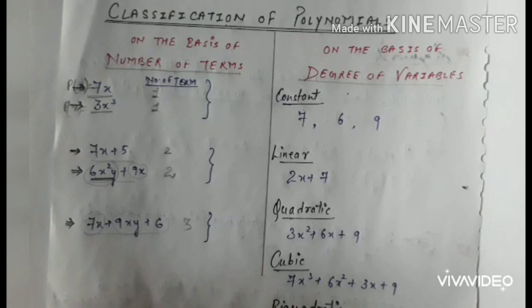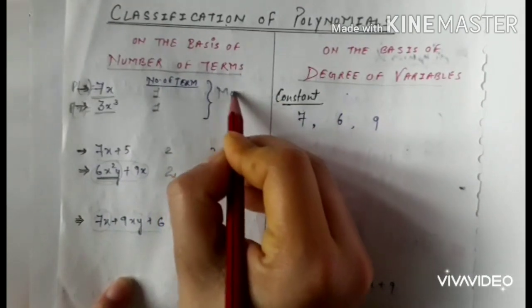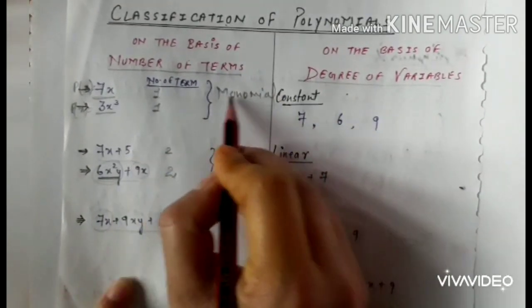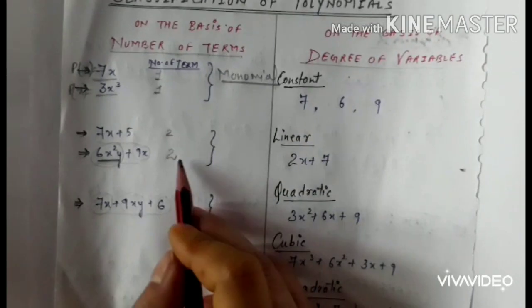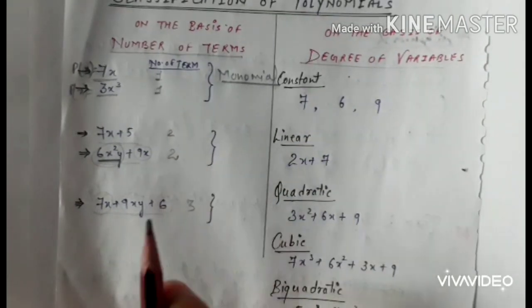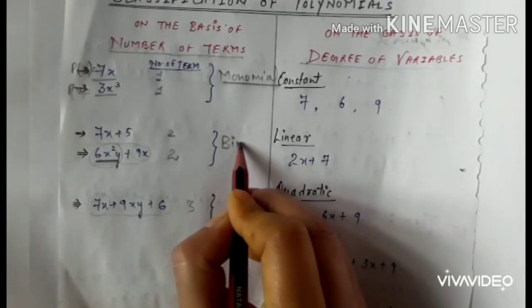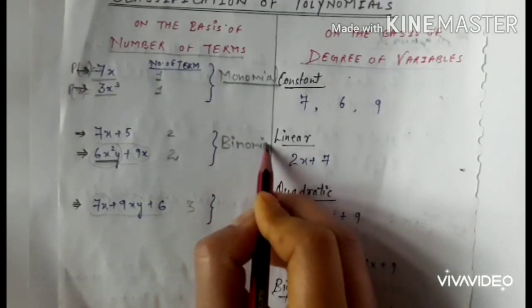it's called a monomial. Mono means only one. So it is your monomial. Second one, there are two non-zero terms. So it is bi, because bi means 2, that means it is a binomial.